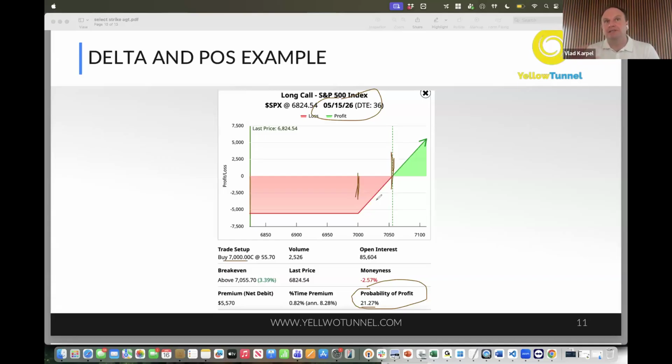Reaching that level is usually twice as likely as staying at that level. By May 15th, reaching and staying at that level is a much smaller probability than just reaching it.